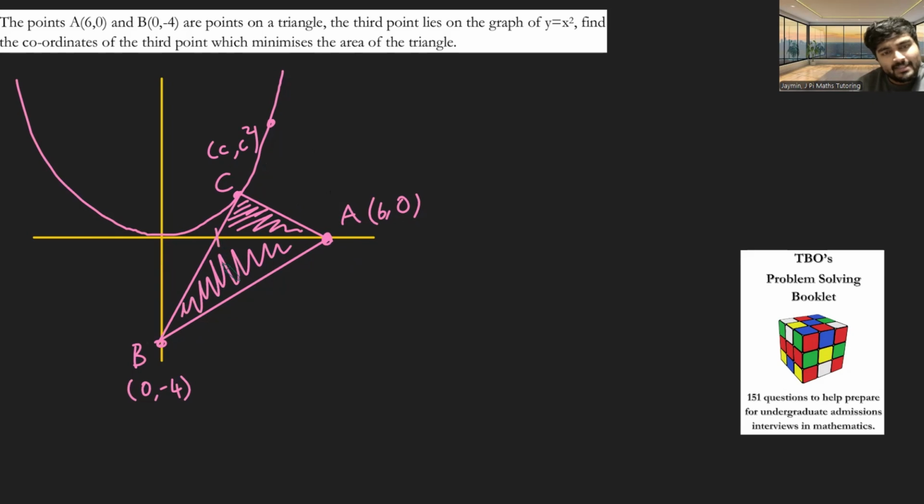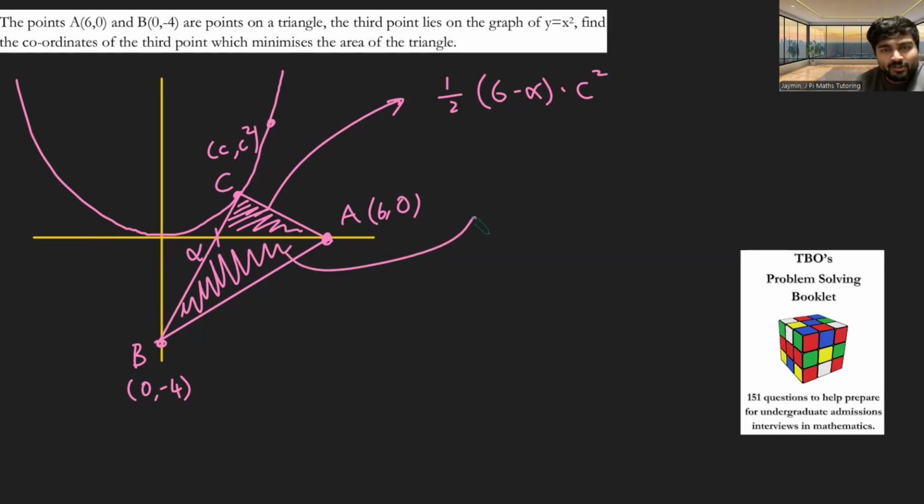And I notice at this point here, the x coordinate of the point of intersection of BC with the x-axis is going to be of importance. So let me label that alpha. Let's work out the area of this top triangle. The area is going to be half times base times height. The base is going to be 6 minus alpha, and the height is going to be c squared.